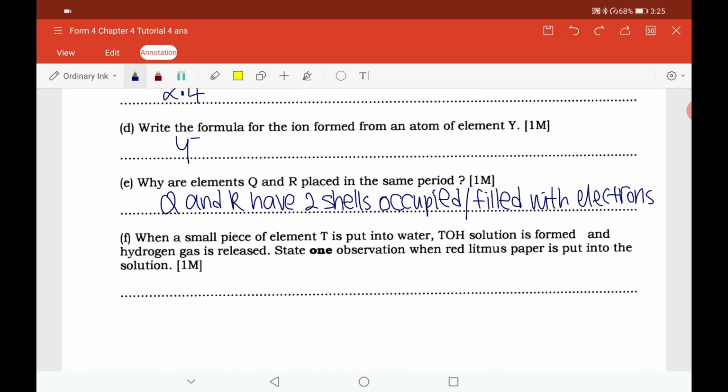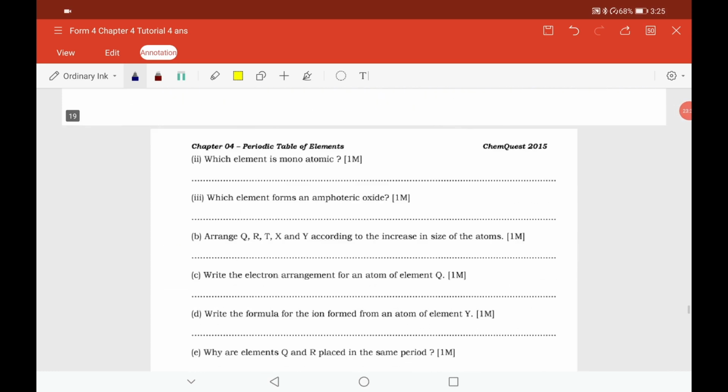So when you have an alkaline solution, what happens to the red litmus paper? You will see the red litmus paper turn blue. When the red litmus paper turns blue, it proves that the solution is alkaline. That is what you need to know.